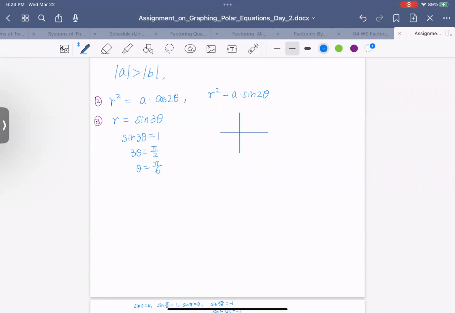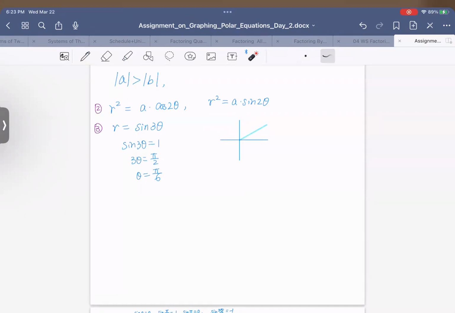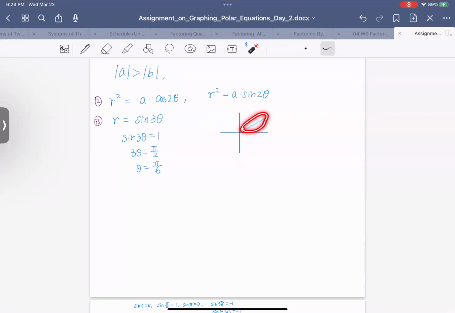That means the first rose petal direction is there. The other 2 you can draw easily.